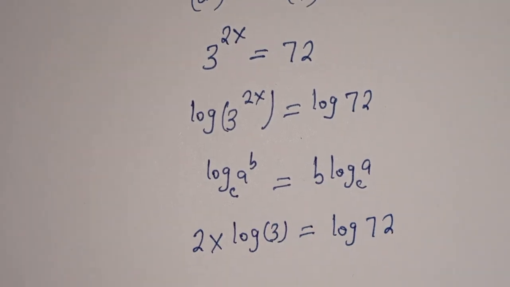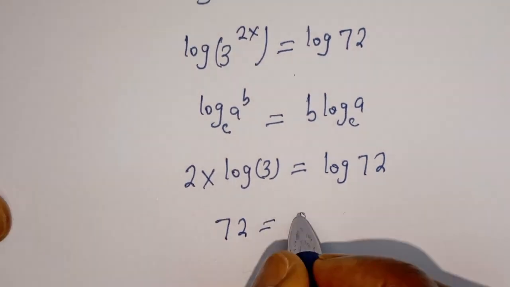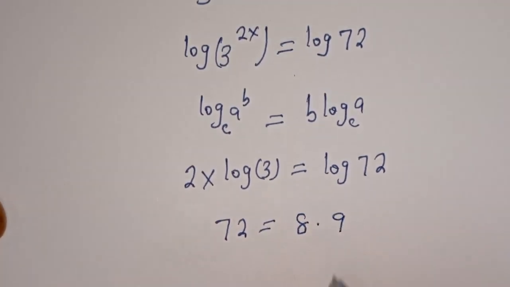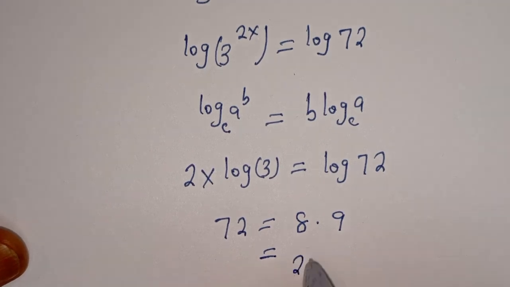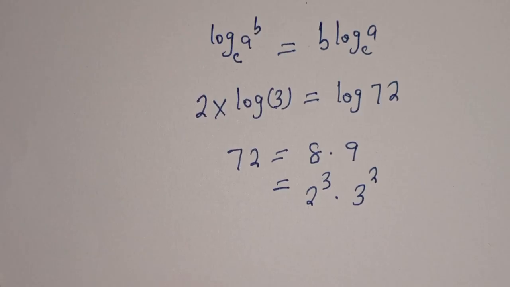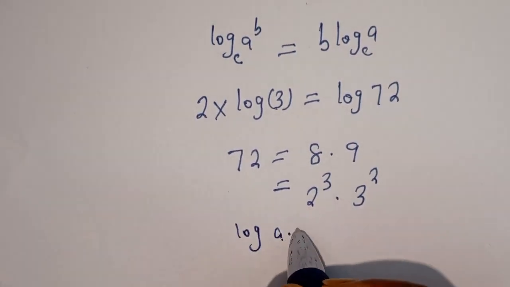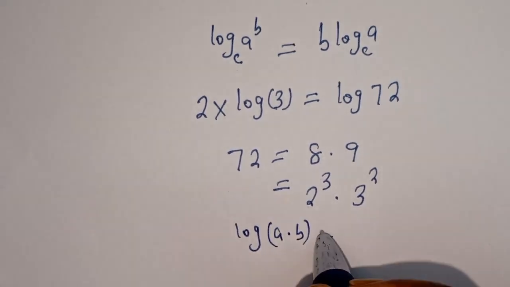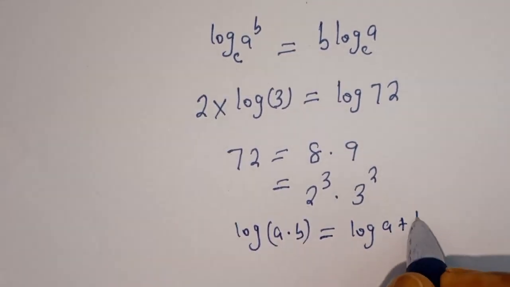But 72 can be written as 8 multiplied by 9. Then this is equal to 2 to the power of 3 multiplied by 3 squared. And if you have log a multiplied by b, this is equal to log a plus log b.